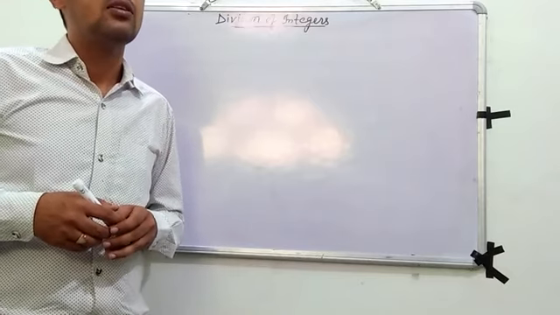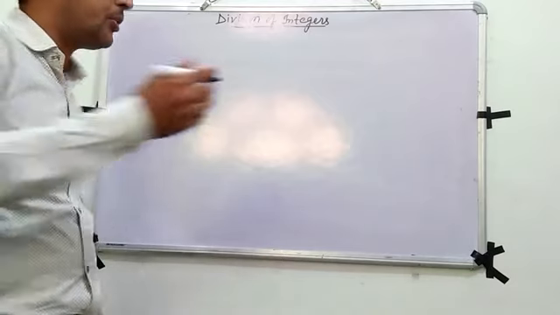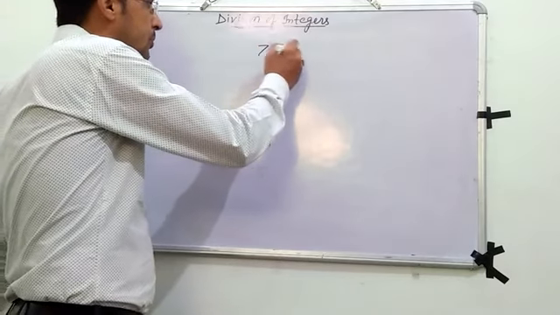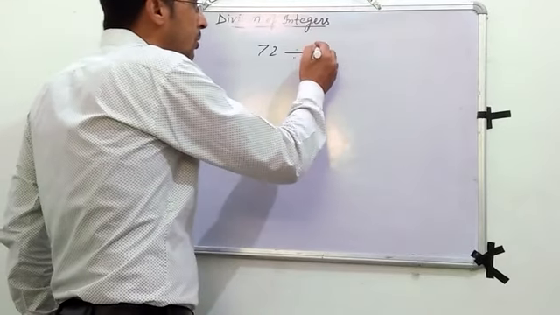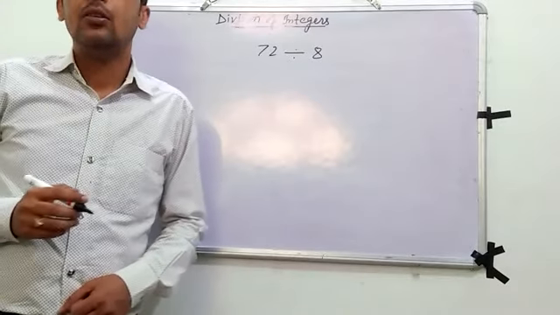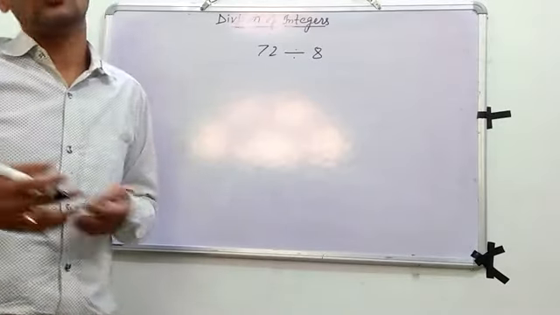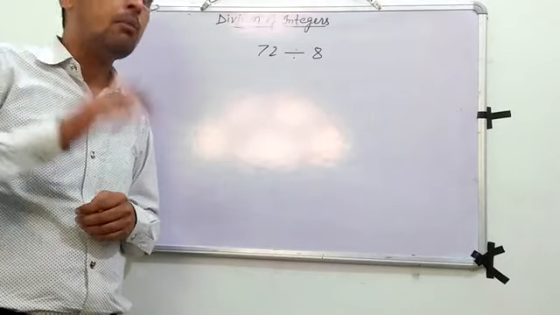It means that suppose you want to divide the number 72 by 8. Then first of all, we will multiply 8 by a number.